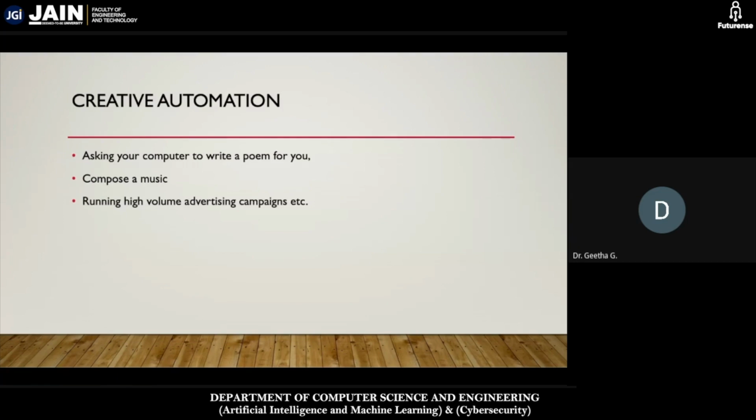That is creative automation. I'm not talking about industrial automation here. I'm talking about creative automation. Can you ask your computer to write a novel for you? If you could do that, that is something great. And you can, of course, be very creative to create such algorithms. These are some of the hot topics which you can think of for solving the problem.